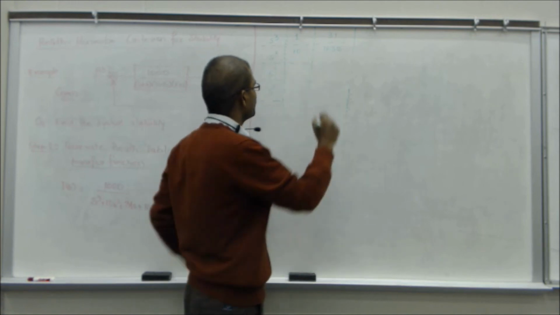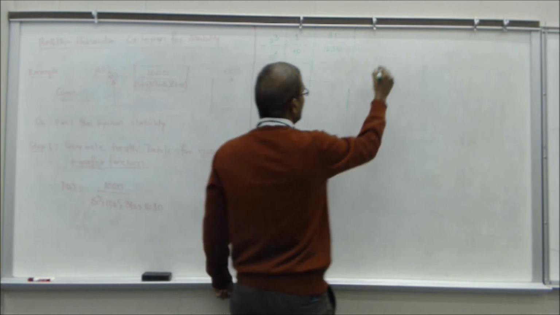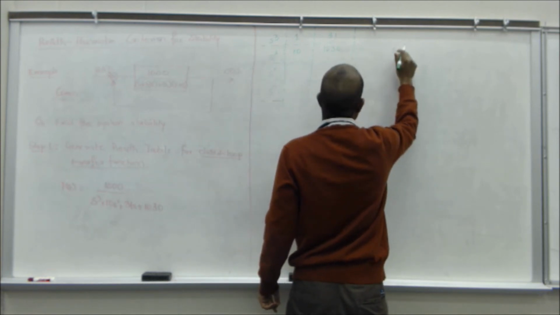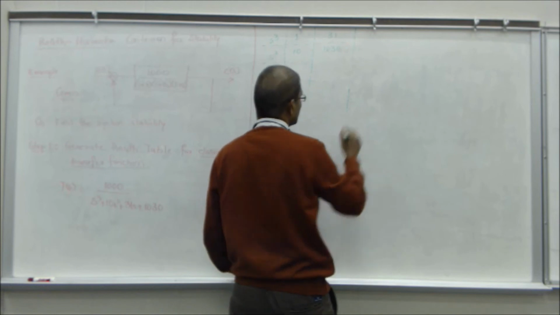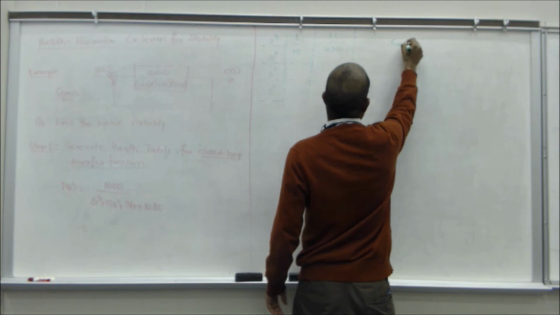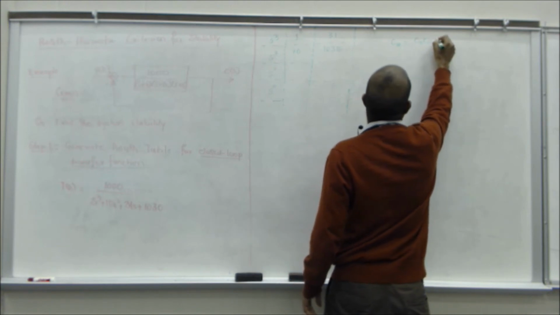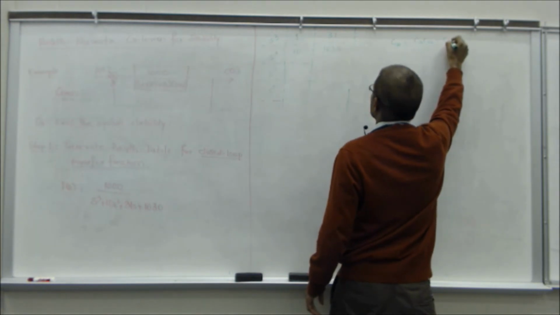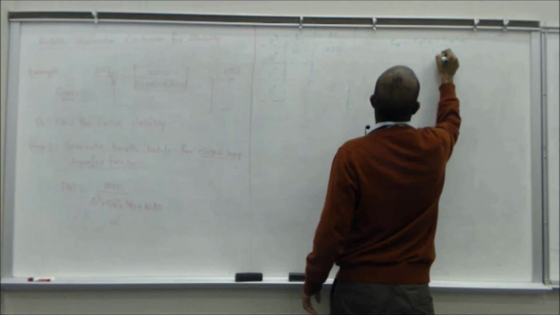So it is 10 times 31 minus 1 times 10 over 10, or let's call this cell 3,1, which is equal to cell 1,1 into cell 2,2 minus cell 1,2 into cell 2,1 over cell 2,1.